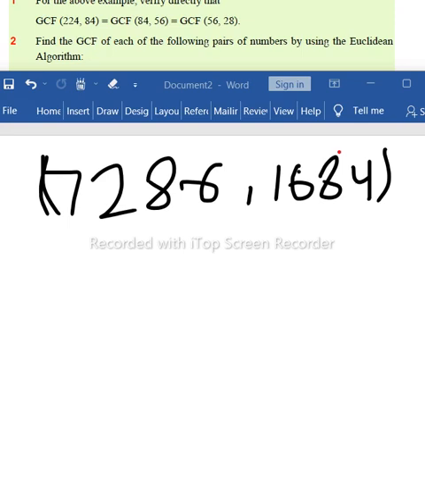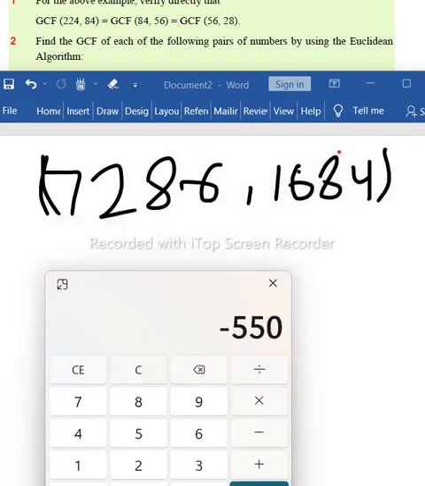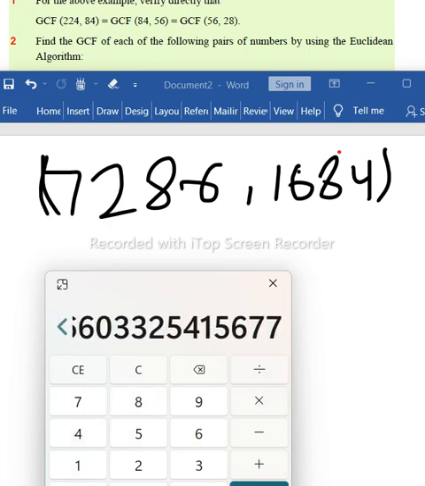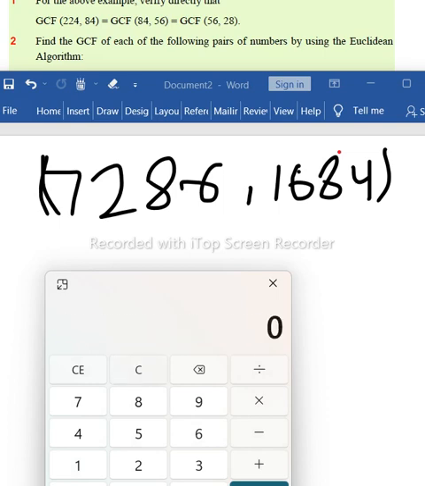We can use a calculator to divide this because of the large number. So 7286 divided by 1684, a given number, we get 4. Then 4 times 1684, when we multiply this, we get 6736.